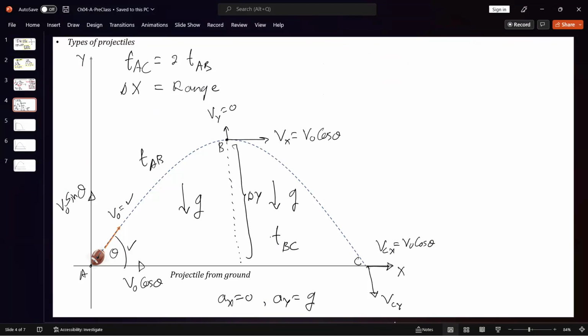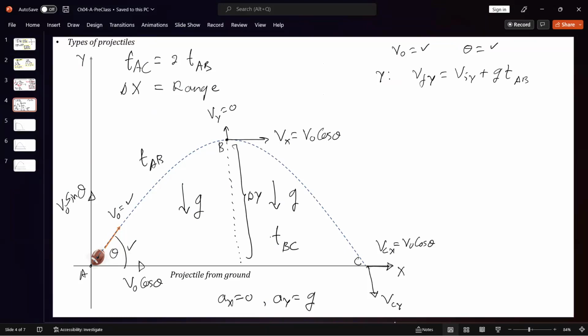So in this case, we will take a look very briefly at how to figure out, for example, the total time, assuming V0 and theta are given. We'll assume V0 is known, theta is known. Then I need to find the total time. So let's consider the y-axis motion. We apply V final in the y direction equals V initial in the y direction plus the acceleration along the y-axis times time.